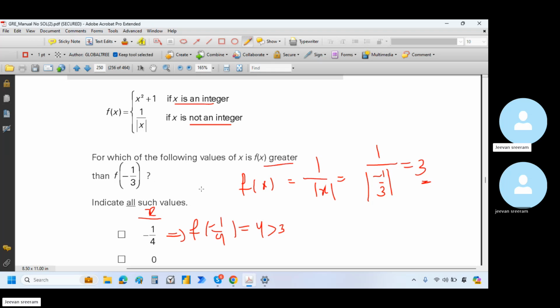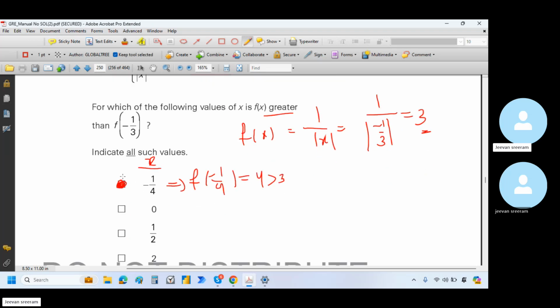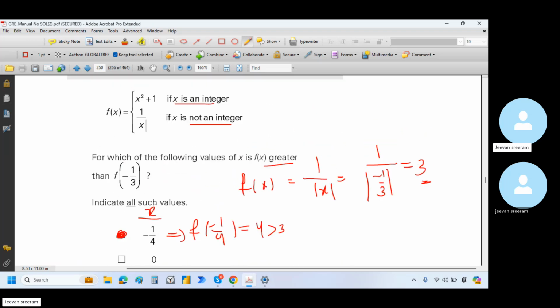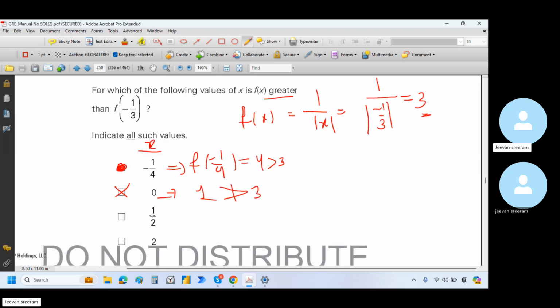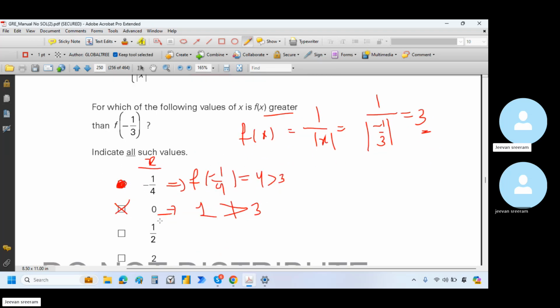The question is also asking for the x values for which f of x is greater than f of minus 1 by 3. 0 means an integer, so this gives you 1. 1 is not greater than 3, so let's eliminate it. If you go with 1 by 2, it's 2 only, again not greater than 3.